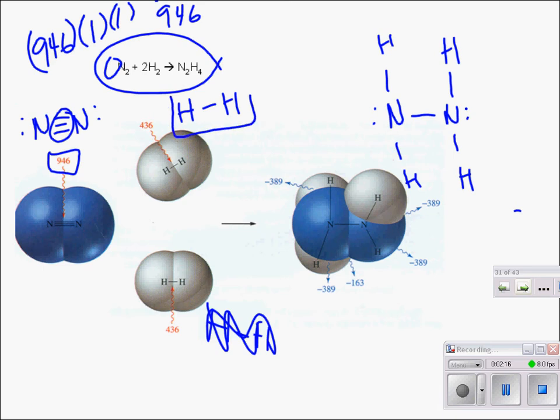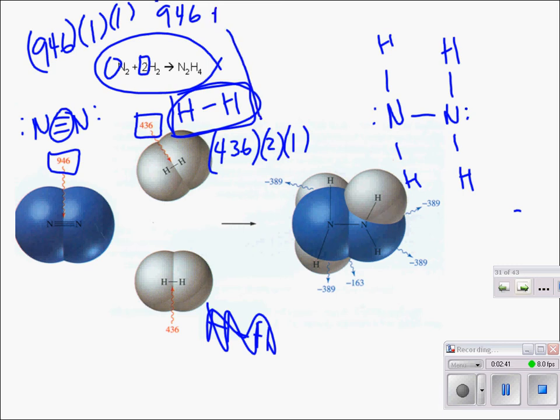There's its Lewis structure. The value listed right there is 436. Next is the stoichiometric coefficient. Coefficient's 2, so 436 times 2. And how many bonds are in one of the structures that I drew? There's 1. So 436 times 2 times 1, I get whatever that value comes out to be. I pop that up there, and those are my bonds broken.